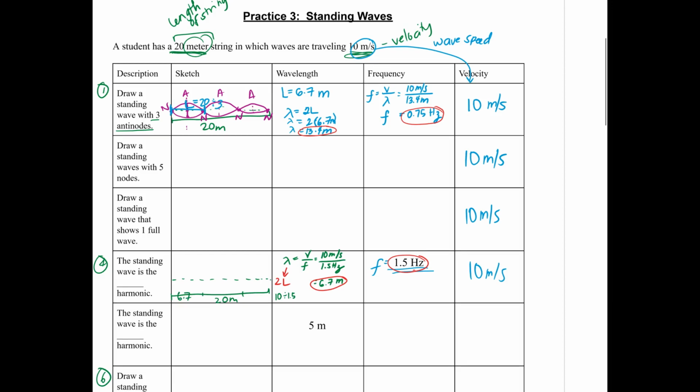That means that there are 6 harmonics, so this is the 6th harmonic. You can label all the nodes and the antinodes, and remember that that makes up one whole wavelength.